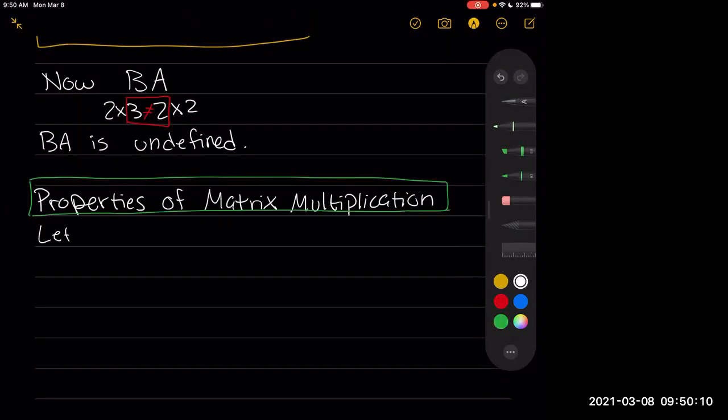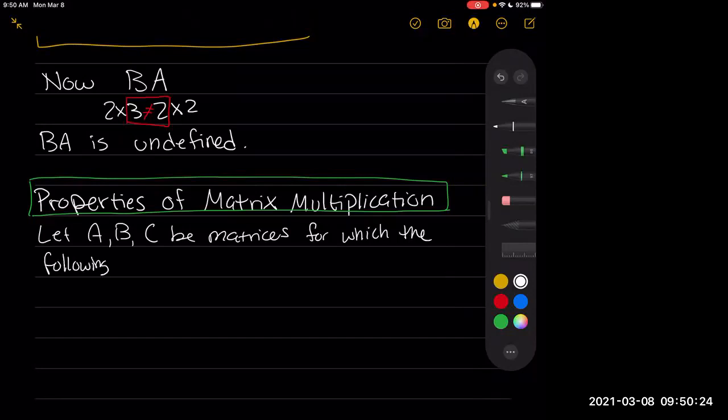If we let A, B, and C be matrices for which the following products are defined, then first we have the associative property.